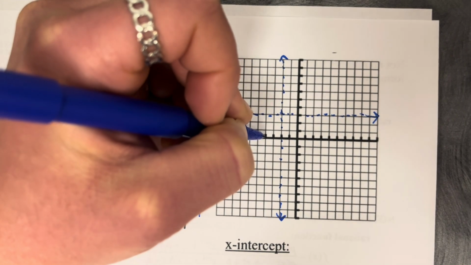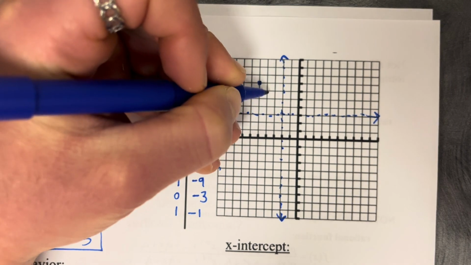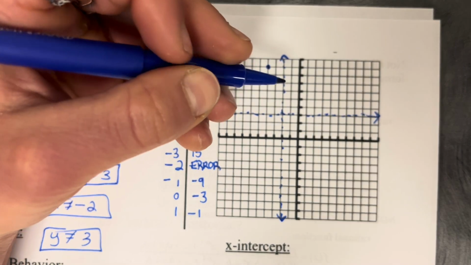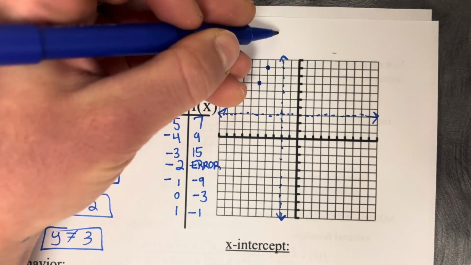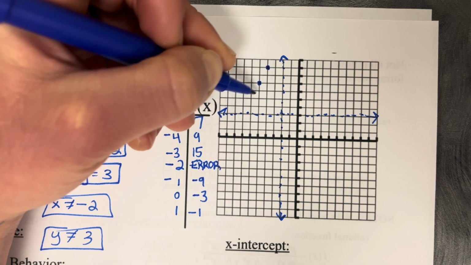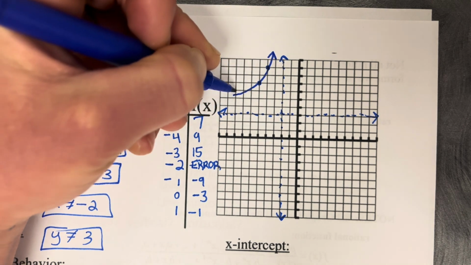Graph these points. Looks like negative 3, 15 is way up here, so that's enough. We're going to go ahead and connect these.